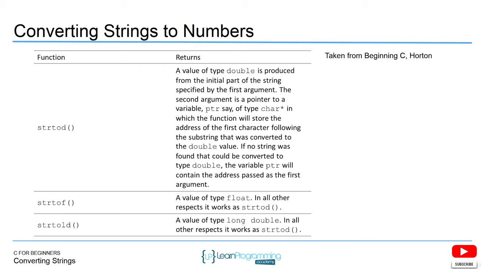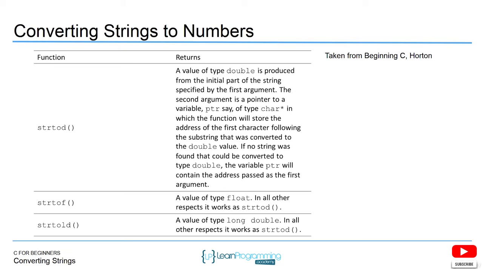You can use these: strtod, strtof, or strtold. And they each just convert to either doubles, floats, or long doubles. But either one of them is fine. The ASCII ones are the traditional ones. I think the other strtod and strtof were added in later standards of C.